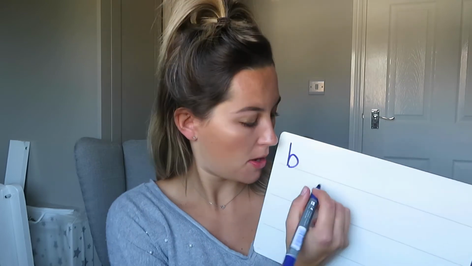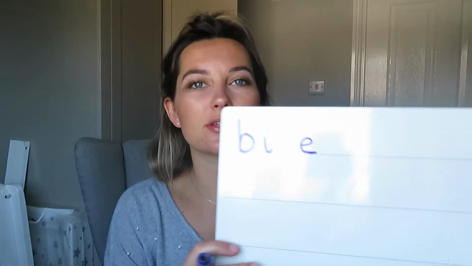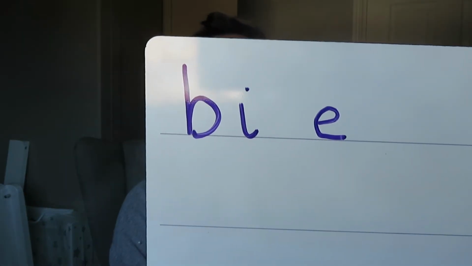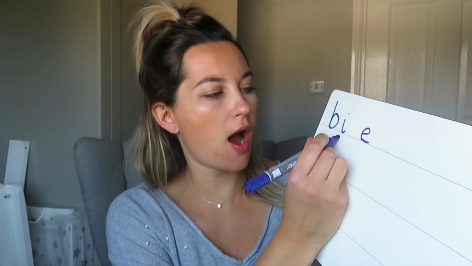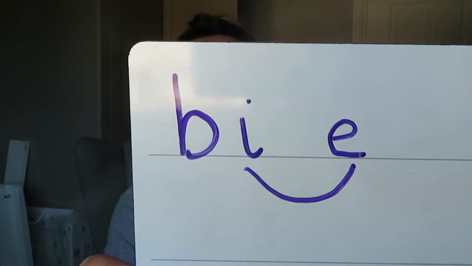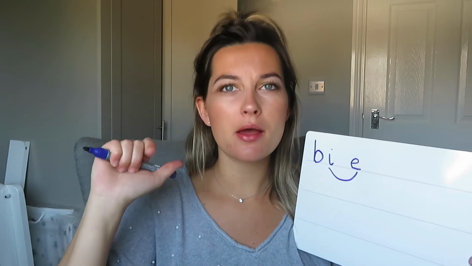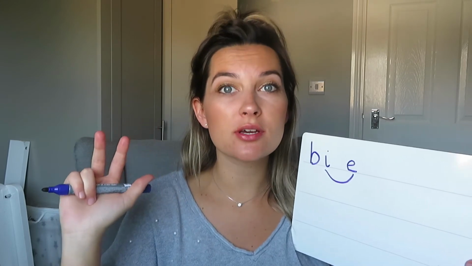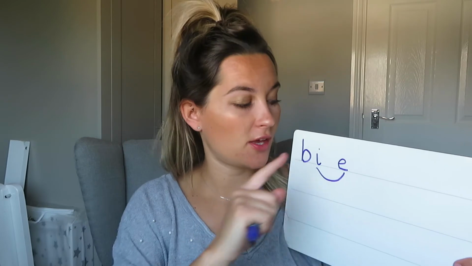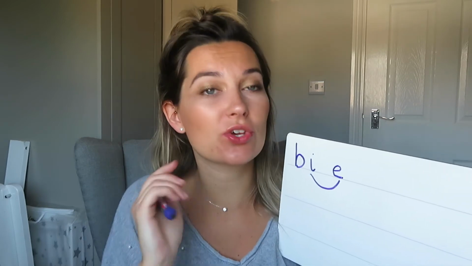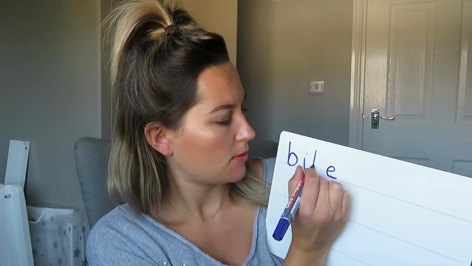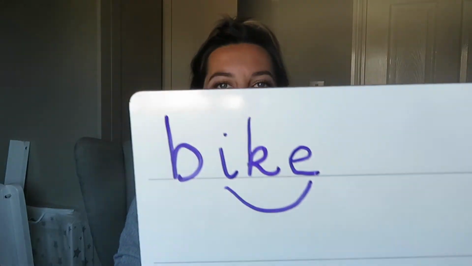So we've got B, I. So I do an I, leave a space, and an E. So you should have that now. B, I. The last sound in bike. B, I, K. Bike. And you're right, it's the K sound. It's the kicking K. Bike.